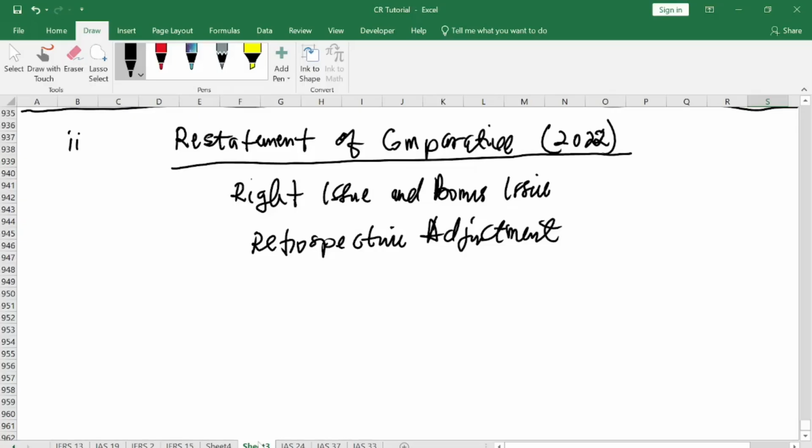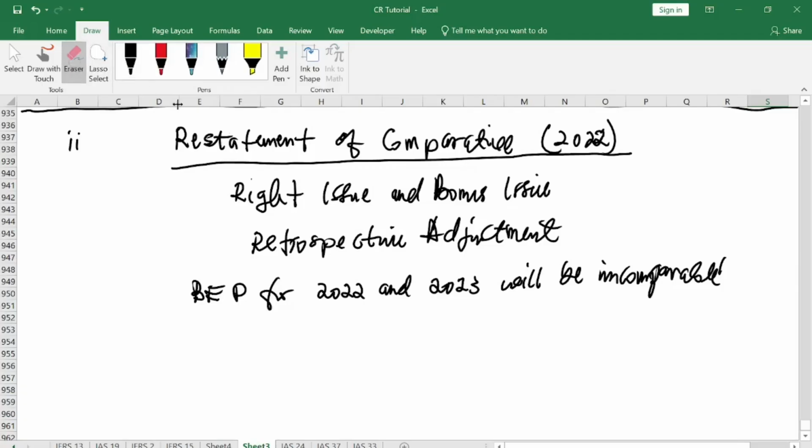So when you issue any bonus or rights issue, you need to adjust the previous basic earning per share as well, so that comparing the two will be fair. If you don't adjust the previous basic earning per share, the basic earning per share for 2022 and 2023 will be incomparable.